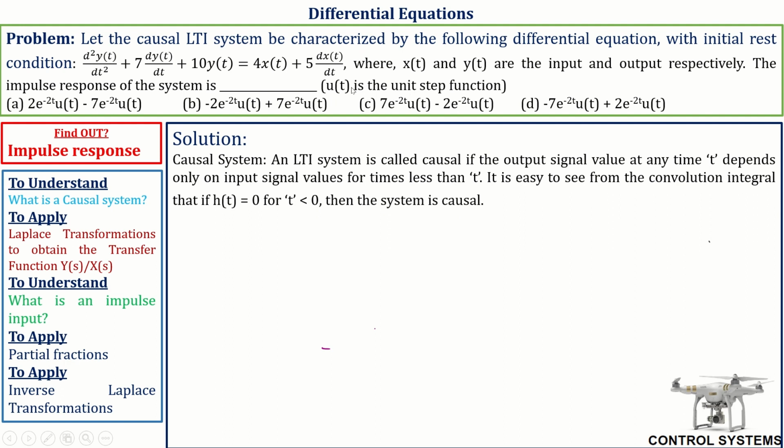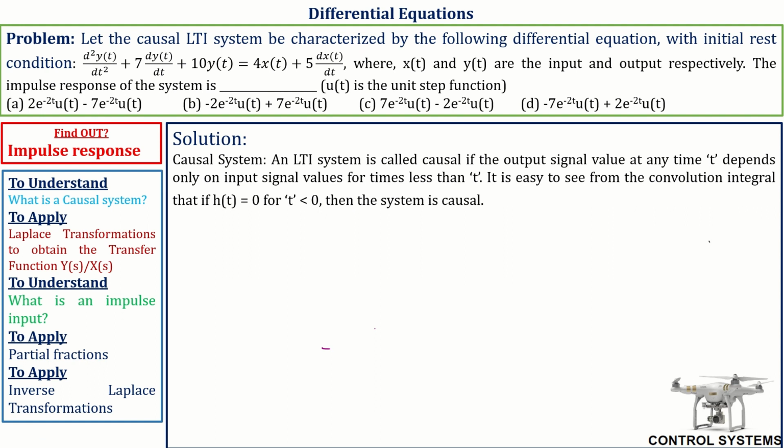You might be knowing what a unit step function is. It can be a causal system because the unit step function starts at a particular time and remains constant for the next duration until it is stopped. So such systems, if we apply them, are causal systems.